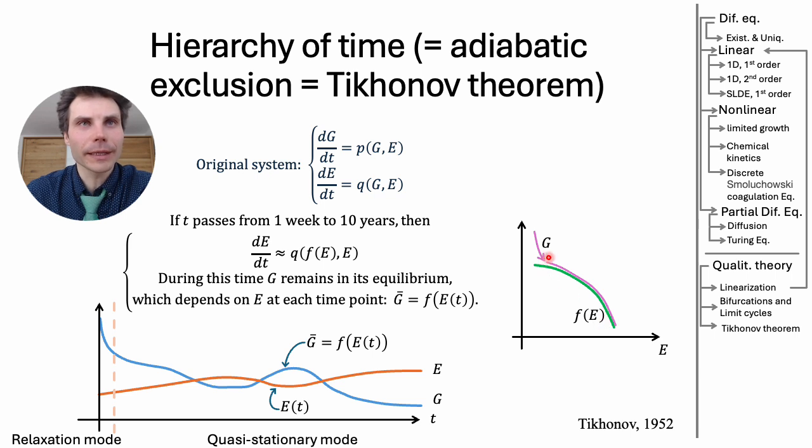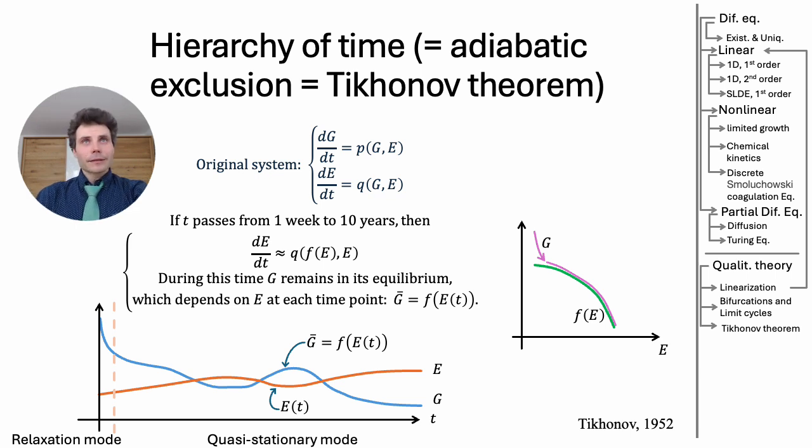The elephants quickly eat all the grass they can given their original population size. And after that, the exact solution of the original equation, represented here by this violet thinner line, will follow the quasi-stationary kinetics dictated by the function f of E.